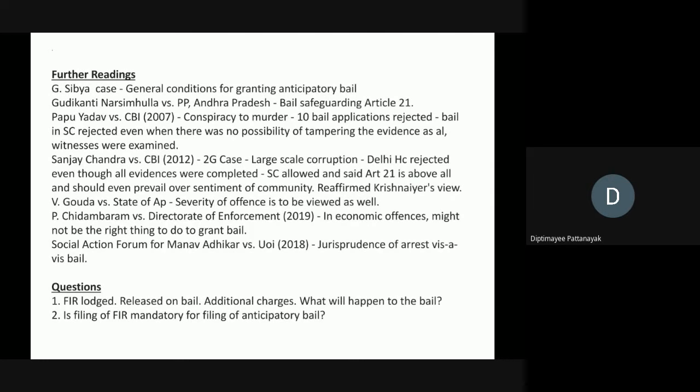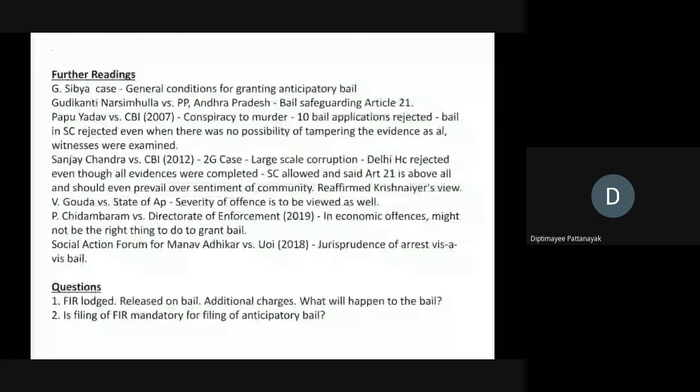In P. Chidambaram versus Director of Enforcement, 2019, when the eminent lawyer P. Chidambaram approached the court for bail, it was held that in economic offences, it might not be right to grant bail.